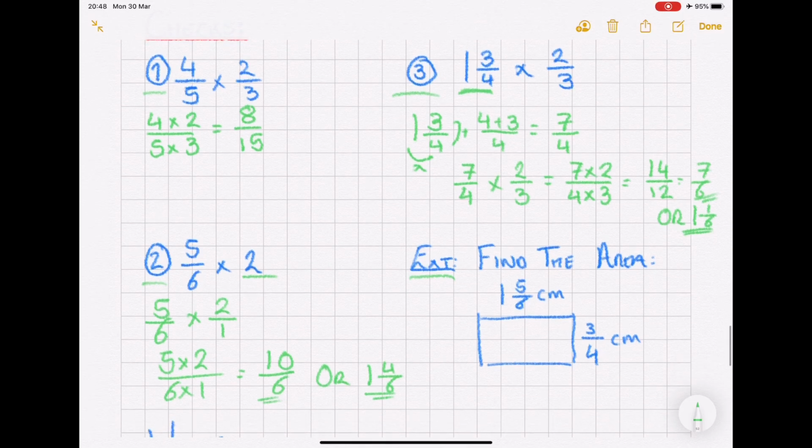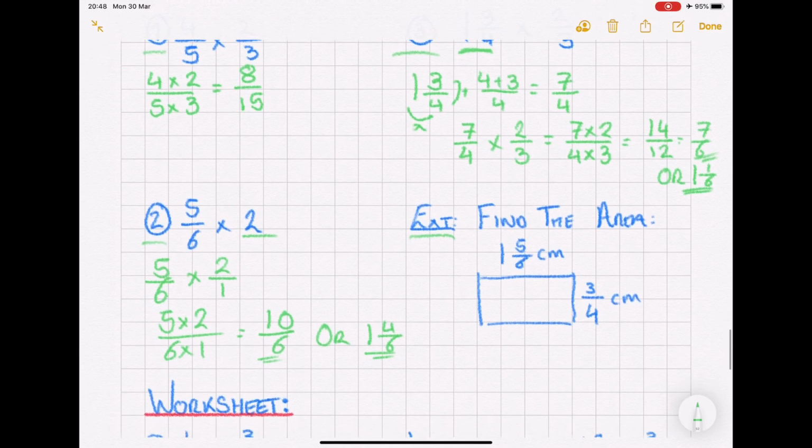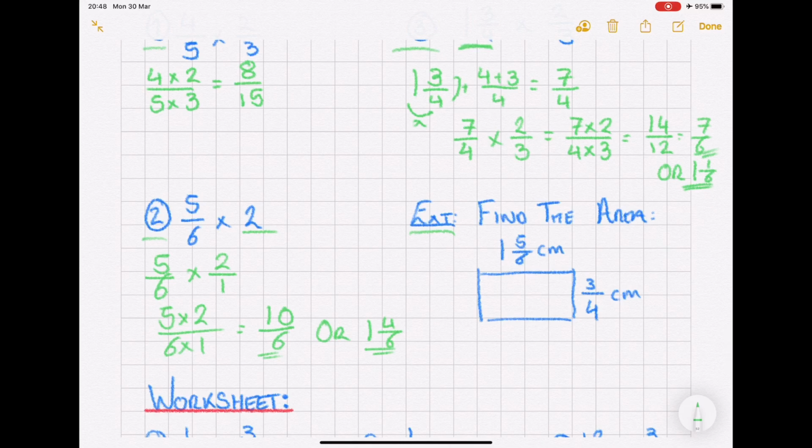And if we go on to the extension, I'll just fit this down here. We're going to need to turn this into a top-heavy fraction. So if we turn that into a top-heavy fraction, we're going to get 11 over 6. So it's 11 over 6 times by 3 over 4, which gives us 33 over 24.